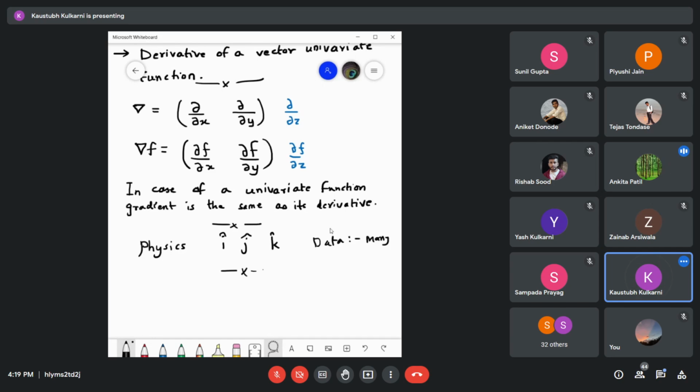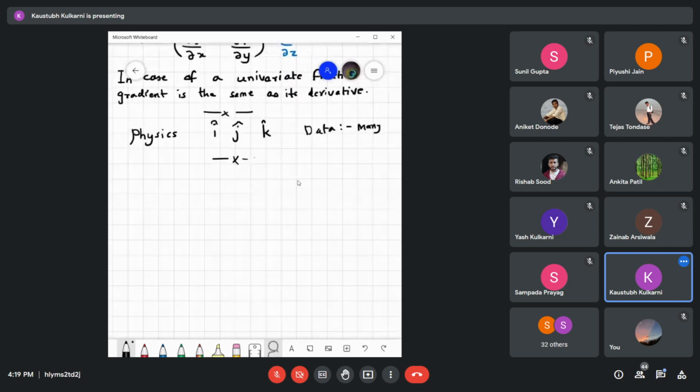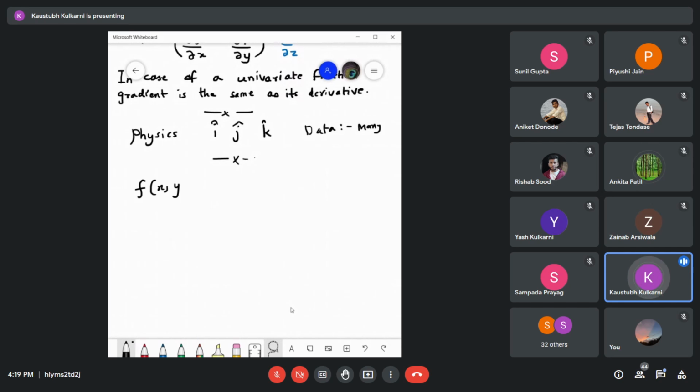So let's start with multivariate functions. Yesterday we saw the multivariate function f of x y. Consider this x y as a vector. Instead of x y, I'll take a more convenient notation.